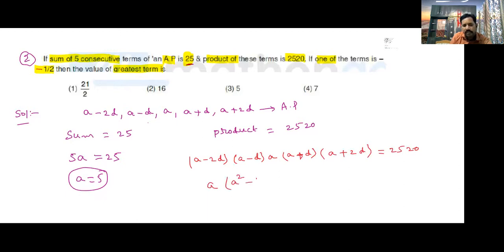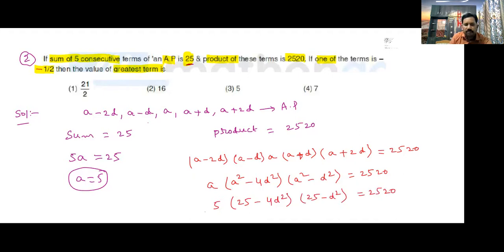A minus 2d, a plus 2d gives a square minus 4d square. A minus d into a plus d is a square minus d square. That is equal to 2520. What is a value? 5. Substitute: a into (25 minus 4d square) into (25 minus d square) is equal to 2520.